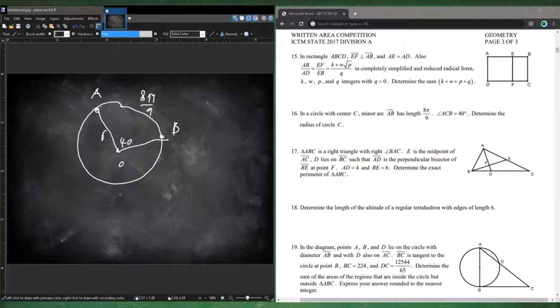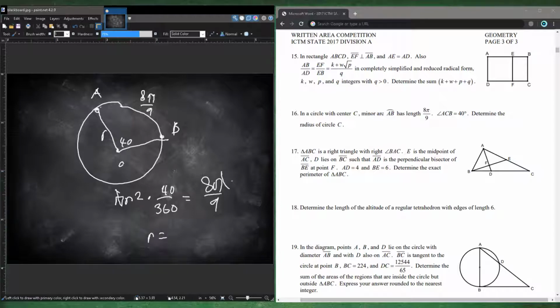So the formula for the area of a circle is pi radius squared. So pi radius squared times, in proportion, 40 out of 360 of the total angle is equal to 8 pi divided by 9. That means our radius is equal to, we could divide the pi out already.